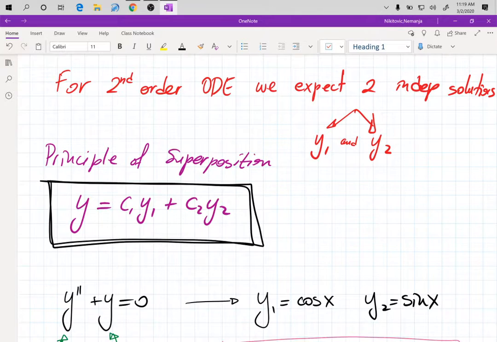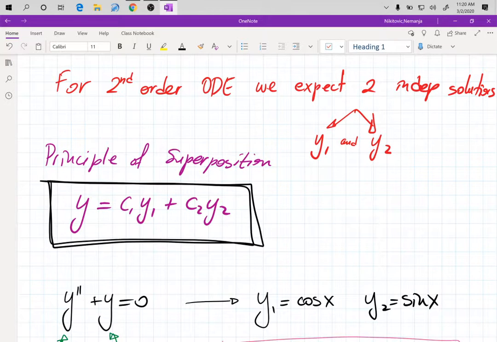solutions, and solutions can be added together into a single solution, but it's still y1 and y2, except we put them together into one solution. It looks like it's one solution, and we call that the principle of superposition.